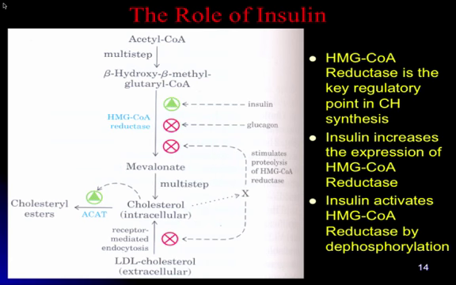Competitive inhibition. What would it look like? Probably HMG. Yep, HMG-CoA. So the drug binds instead of HMG-CoA. So less HMG-CoA is bound by the enzyme, less cholesterol is made.